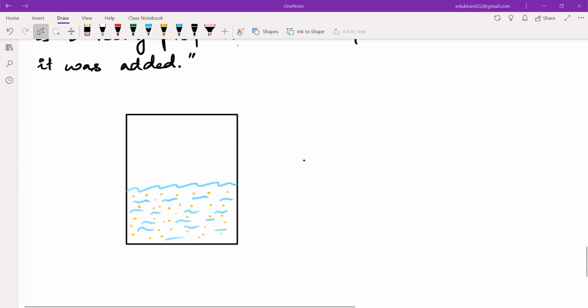Now tell me all of you, please tell me. If we just have water, let us say you have just a container like this, and यहाँ पे सिर्फ और सिर्फ पानी है. You just have water here. So some amount of water will be escaping out to the surrounding, right? Due to evaporation. Correct? Yes or no?